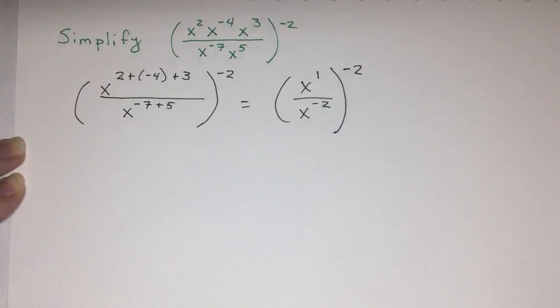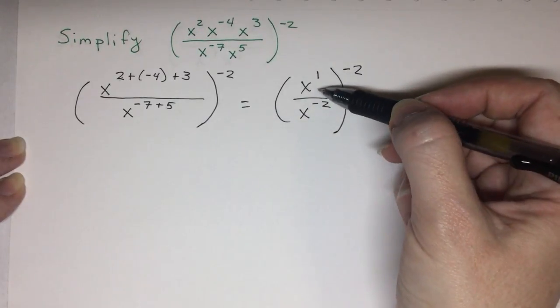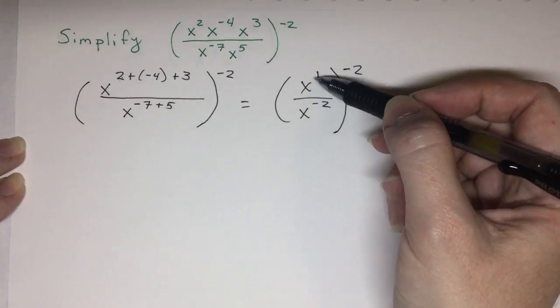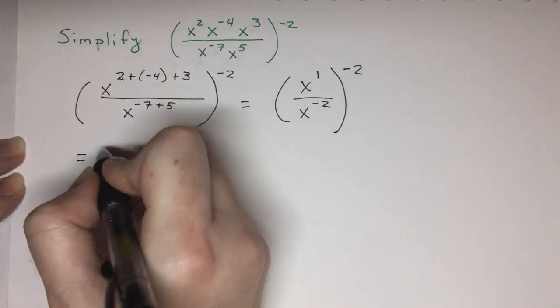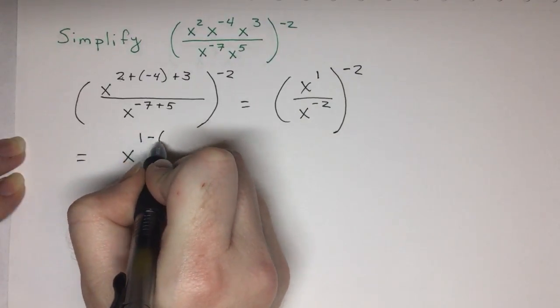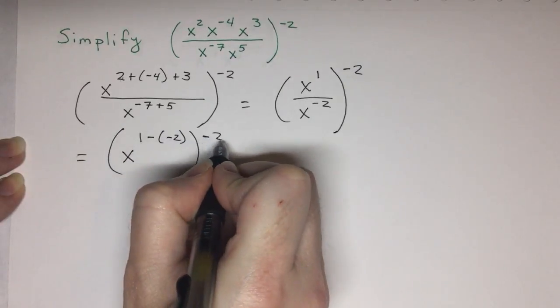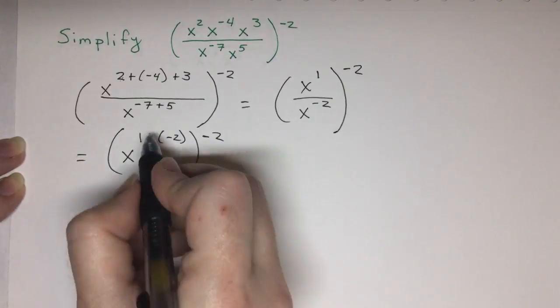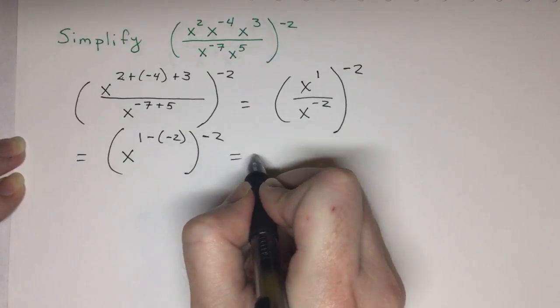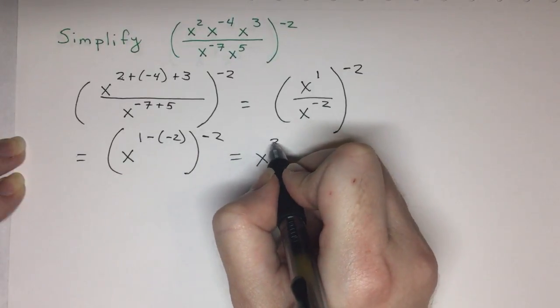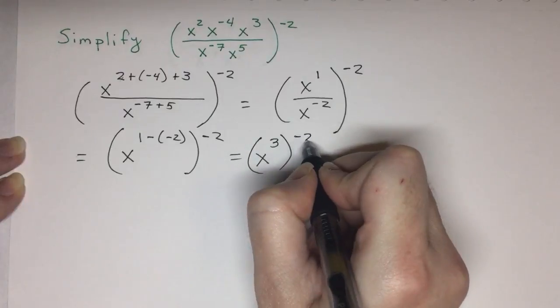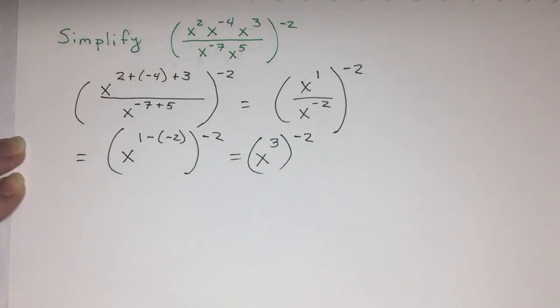This is still to the negative 2. Same base with division, we subtract. So I'll have x to the 1 minus negative 2. This is still all raised to the negative 2. 1 minus negative 2 is 1 plus 2, which is 3, still raised to the negative 2.